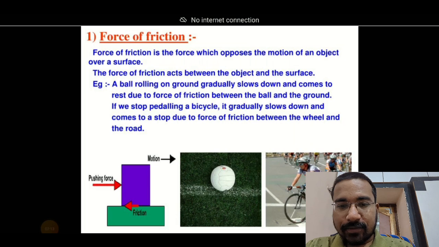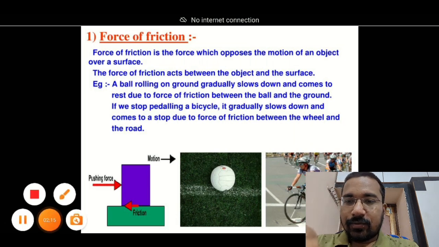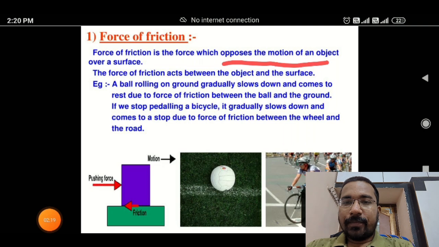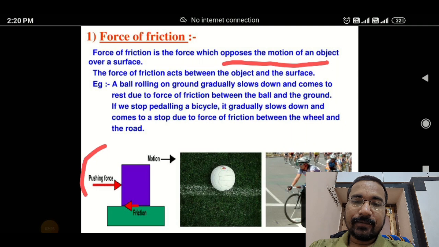So this is friction. So what is friction? The force of friction is the force which opposes the motion of an object over a surface.